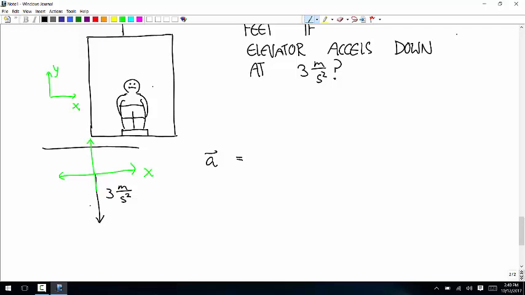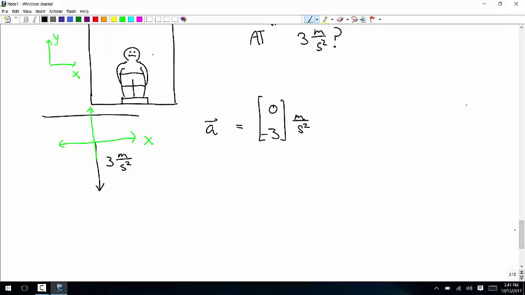It's in the negative y direction with a magnitude of 3 meters per second squared. So it's going to be 0 for x, negative 3 for y, meters per second squared. What forces are acting on the person? Yeah, it's still just the same.